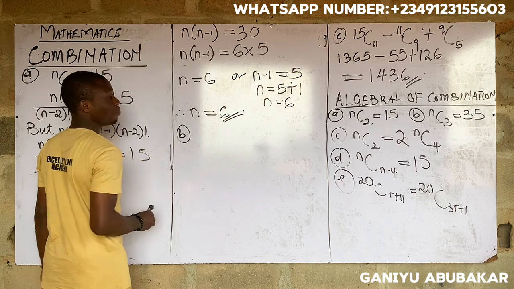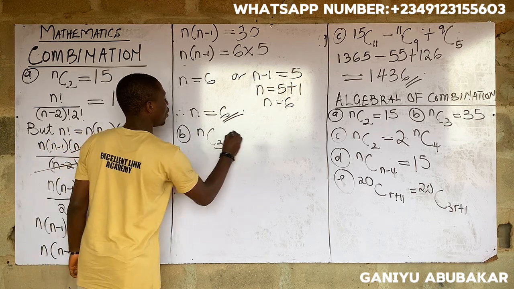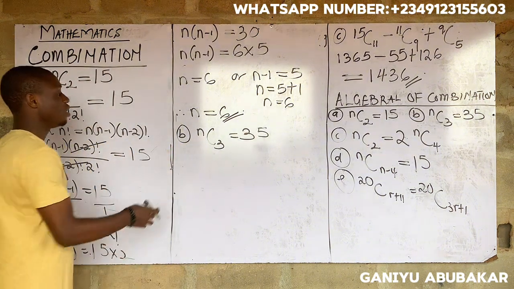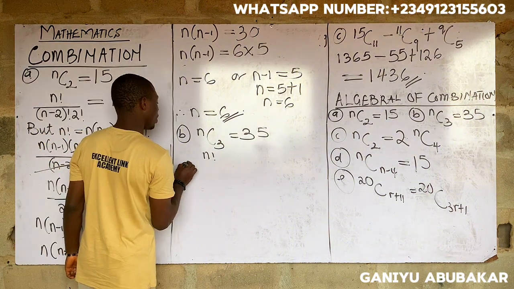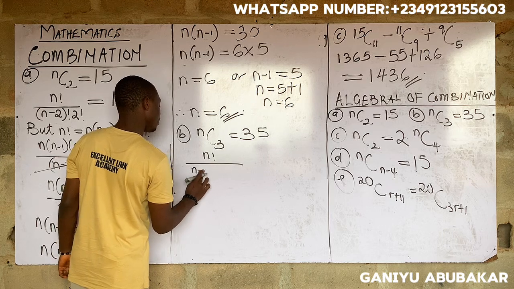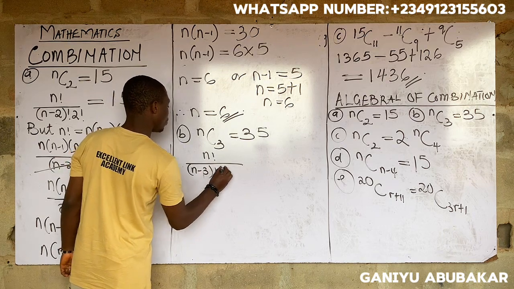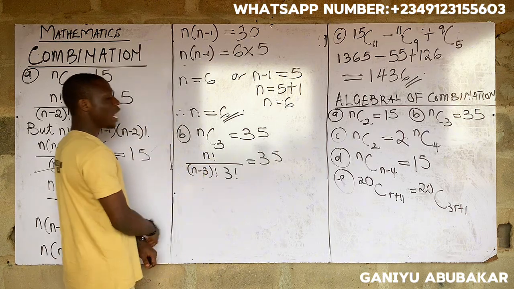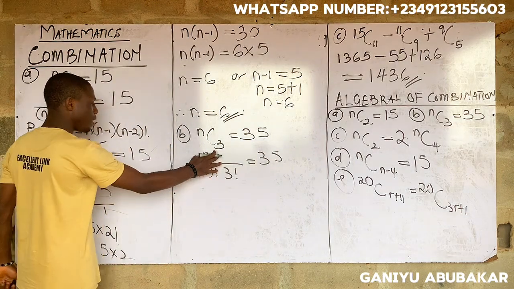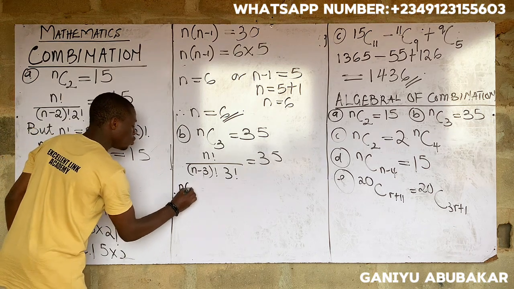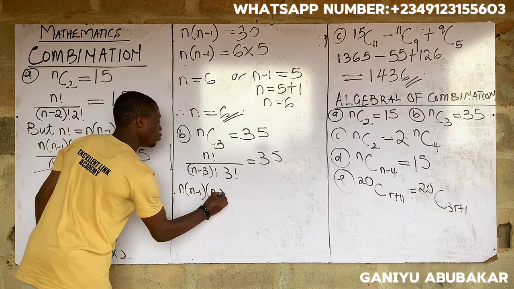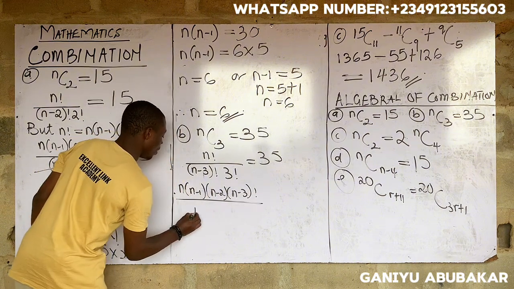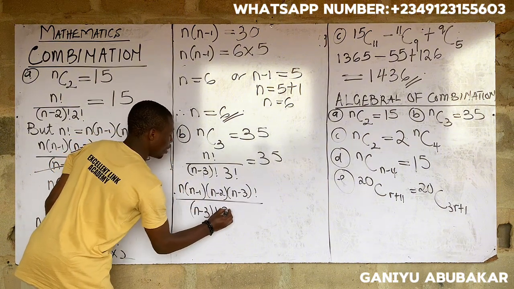Let's do B. I have n combination 3 equal to 35. The same technique applies here. This gives n factorial over n minus 3 factorial 3 factorial equal to 35. How do you solve this? It's simple. Expand this in terms of this: n into n minus 1, n minus 2, n minus 3 factorial, all over n minus 3 factorial 3 factorial.